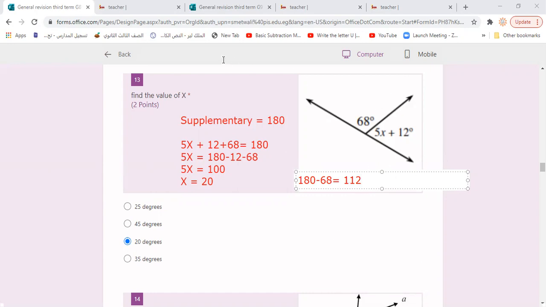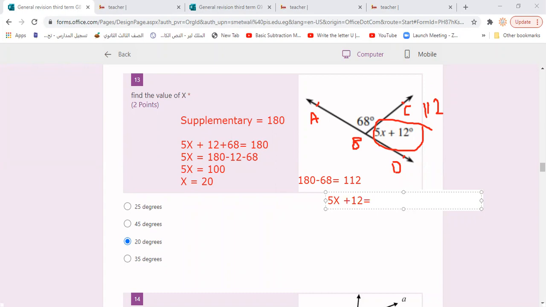So if I put letters, like this is A, and this is B, C, and D, then 180 minus 68, so we will find that this part will be equal 112, right? So we are going to work with only the part for CBD, which is 5x plus 12 equal 112.